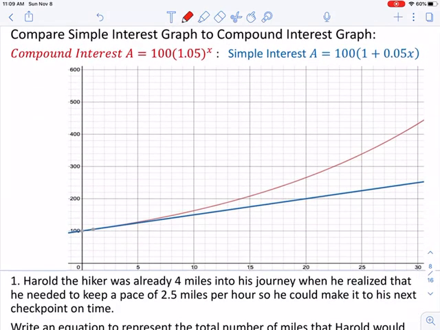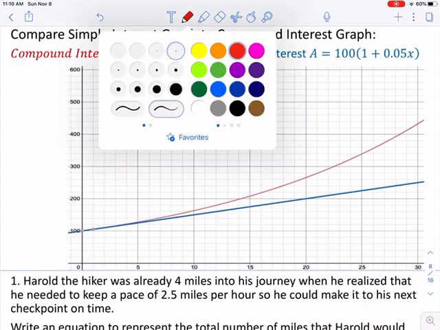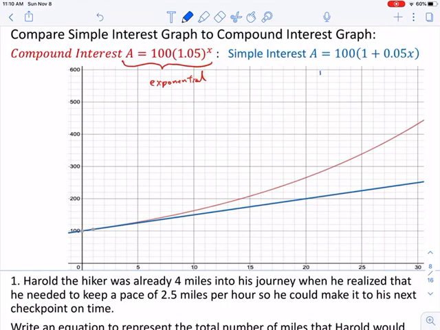So here is a better graph showing you the difference between the compound interest, which is the exponential function, that's the red one, and the simple interest, which is linear. So now you can see the difference there.